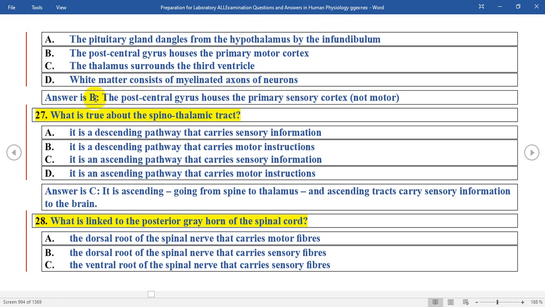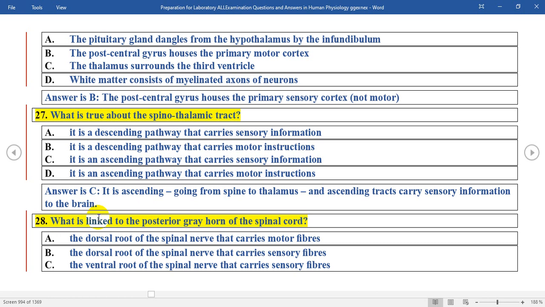27. What is true about the spinothalamic tract? A descending pathway that carries sensory information. A descending pathway that carries motor instructions. An ascending pathway that carries sensory information. An ascending pathway that carries motor instructions. Answer is C. 28.